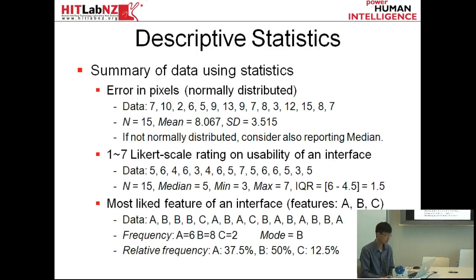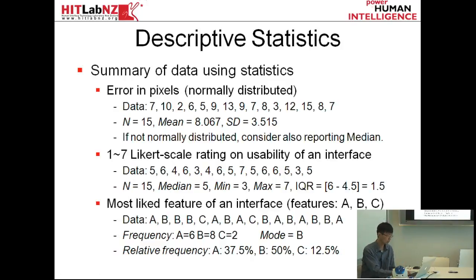So sometimes it's not fair, because the data might be skewed in one direction, having a narrower difference between the units on one side of the distribution. And for nominal data, of course, you cannot report mean or median because you cannot really order them. So all you can do is count the number of instances or types, and then you can report the frequency, such as there were 6 A's, 8 B's, and 2 C's, and you can report the mode, which is the most frequent value, or you can do it in a relative way, such as reporting the percentage of each of the choices.